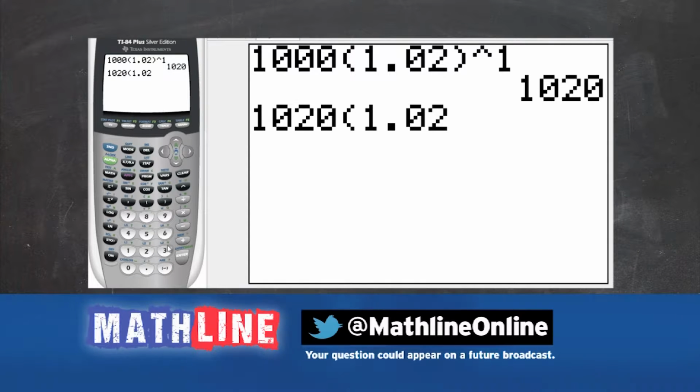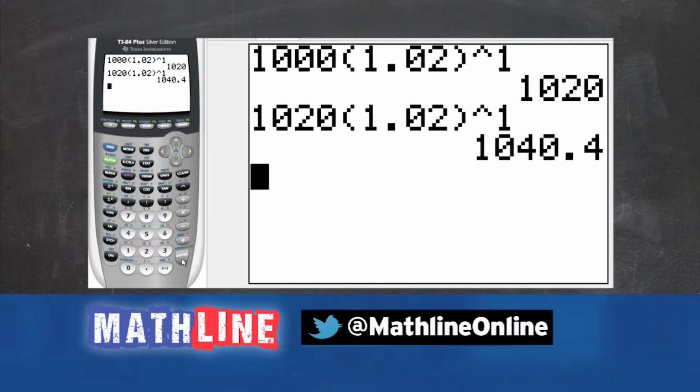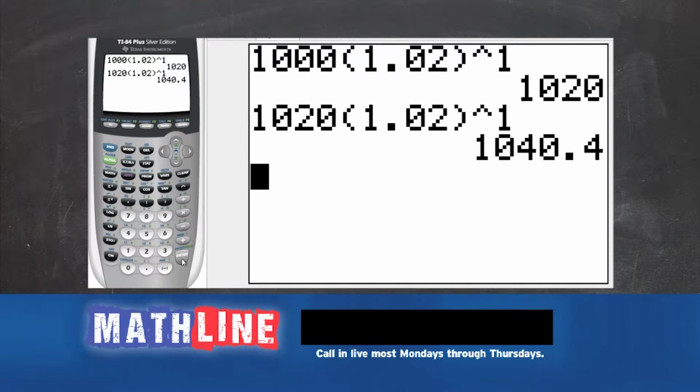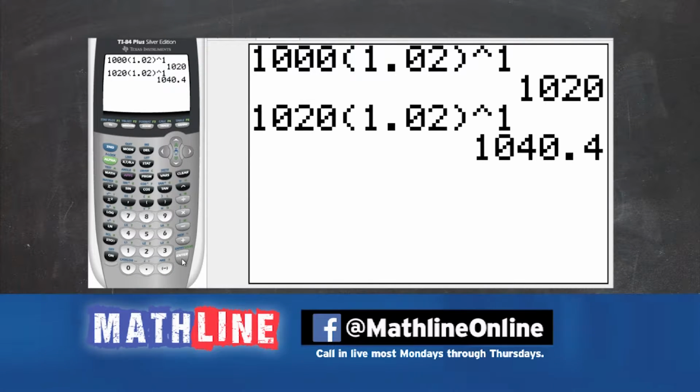And this time we'll raise it again, 1 more year, because we've now taken the next one there. We get 1,040 and a little extra there, all right? Now, that takes a long time to do those things.